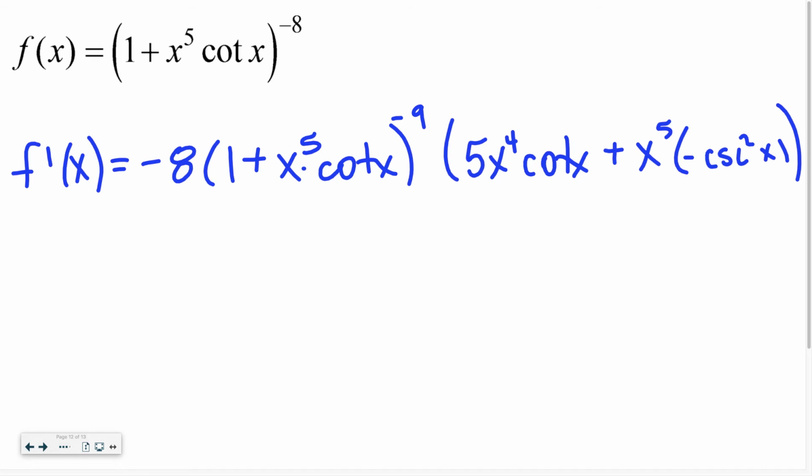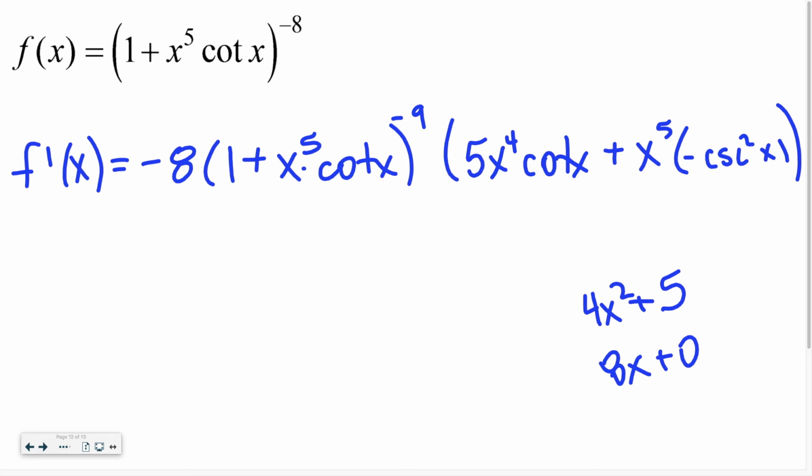Because it'd be 0 plus this, and anything plus 0. If it was being multiplied, that's going to 0 out some stuff, but if we're just adding, we can just drop it. Like if I had 4x squared plus 5, our derivative we just write as 8x. We don't write 8x plus 0.